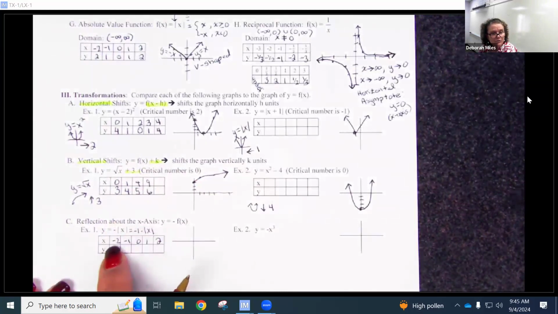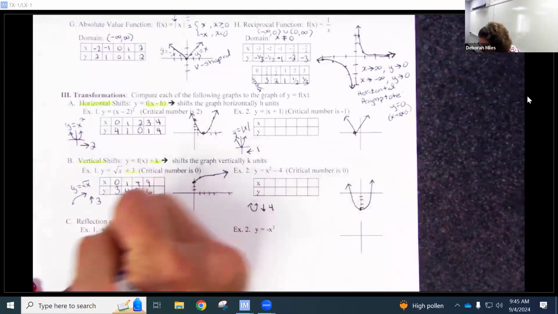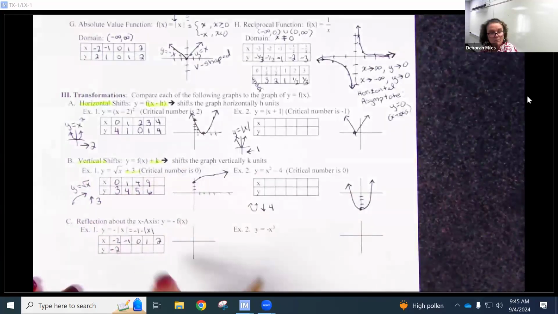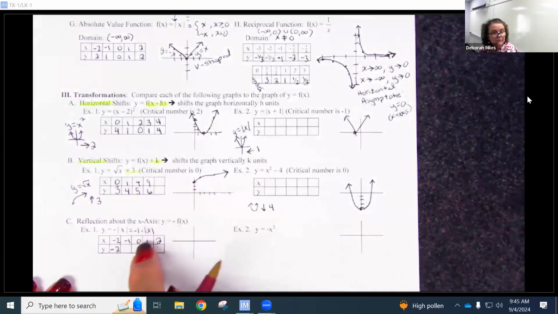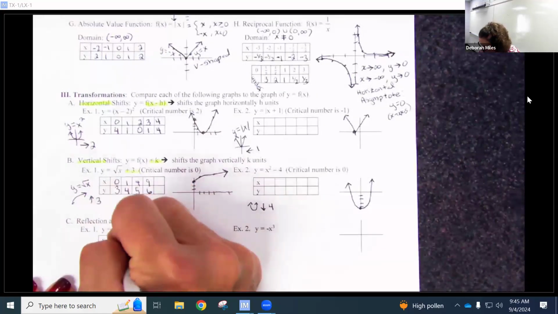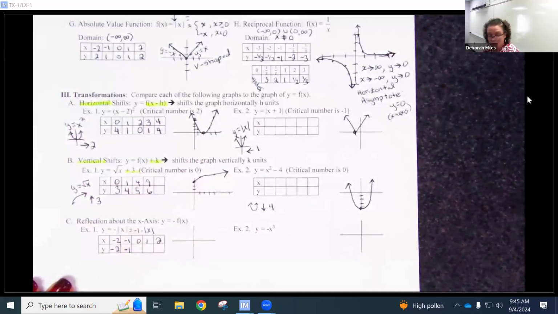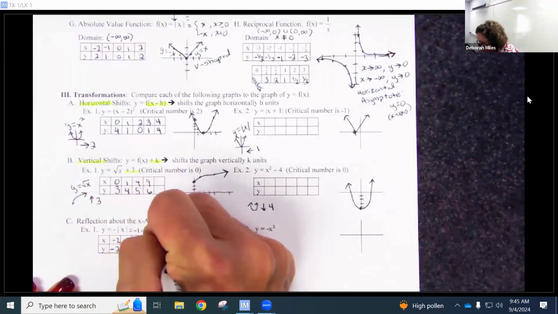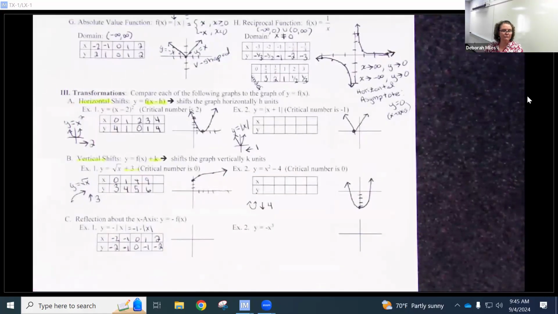Absolute value of -2 is +2. Then multiply it by -1, and I get -2. Absolute value of -1 is 1. Then I multiply it by -1. I get -1. And I'm just going to finish this. You can verify each of those y's for yourself.